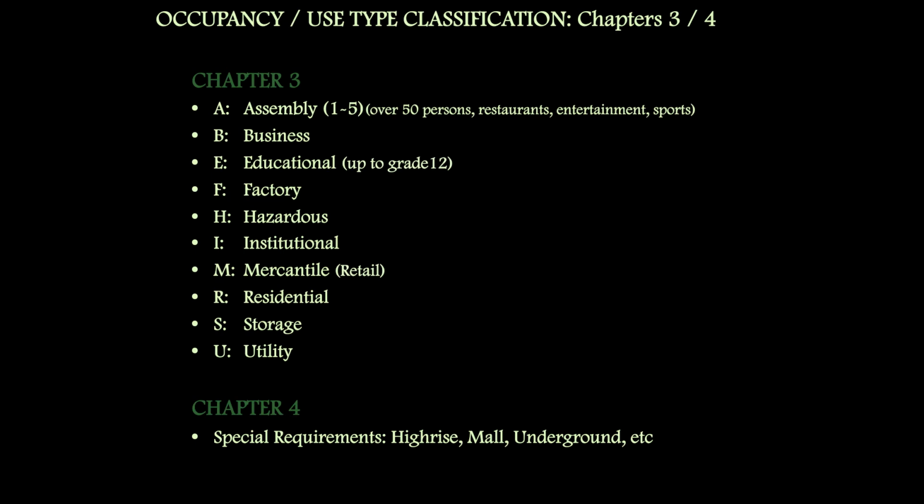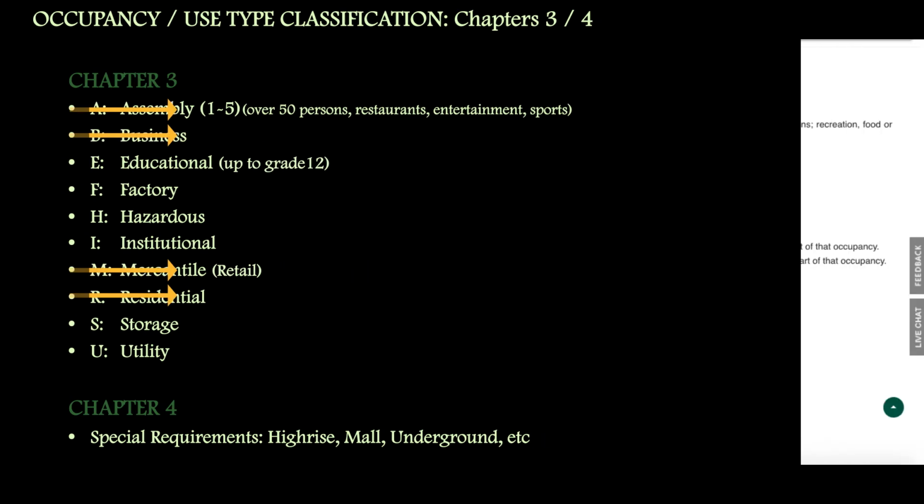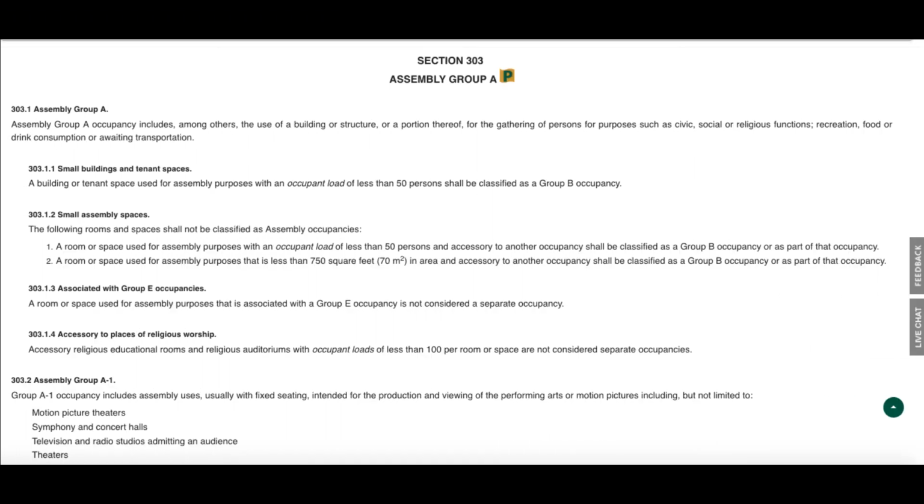As you look at this list, you're probably identifying several different use types or occupancy classifications that will apply to your project. You almost certainly will have assembly, possibly business, mercantile, and also residential. You'll want to read each of the sections to understand what's included in that occupancy type. And each of these is going to have its own building codes requirements.